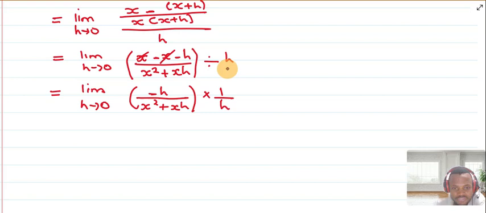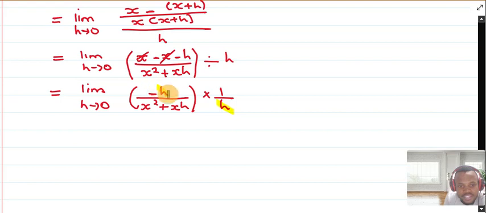Dividing by h and multiplying by 1 over h is one and the same thing. The only thing I did is change the sign. So when I multiply, I'll be multiplying by 1 over h, because while I was dividing, I was dividing by h. If you look carefully here, this h and this h cancel.